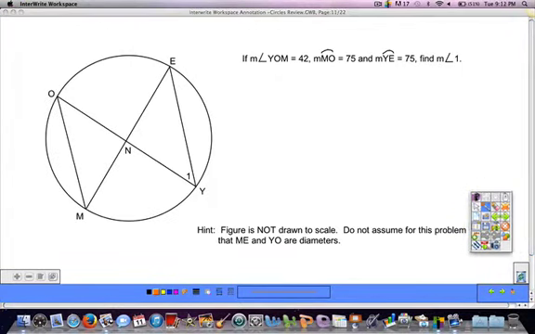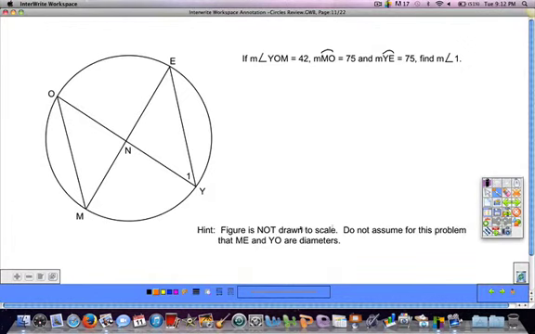Okay, well this one is a little bit wackier. Now here's what you'll notice, and if this shows up on the test, I will put this on there too. MO and YE are not diameters in this case, okay? In this one, they are not diameters, so you cannot think of them as such. So we'll just say the center's maybe somewhere up here. That way they still cross, but they're not crossing at the center.